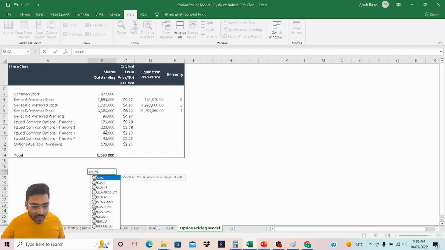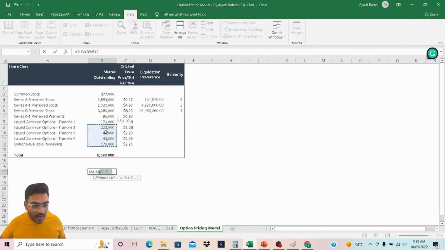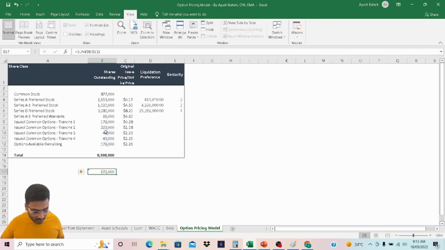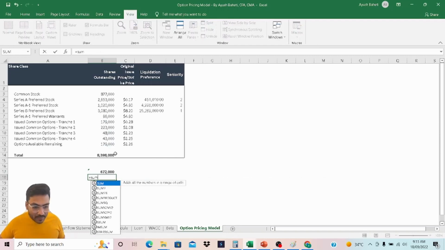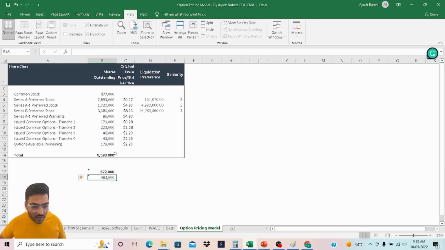So let's say when you started this company as an incentive plan, you had this number of shares to be allocated to your employees as a stock compensation plan, and in various tranches you have already allocated around this many shares.